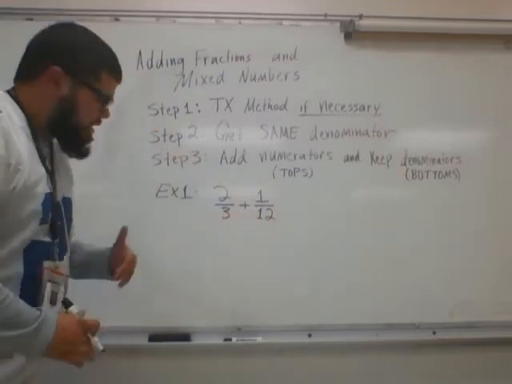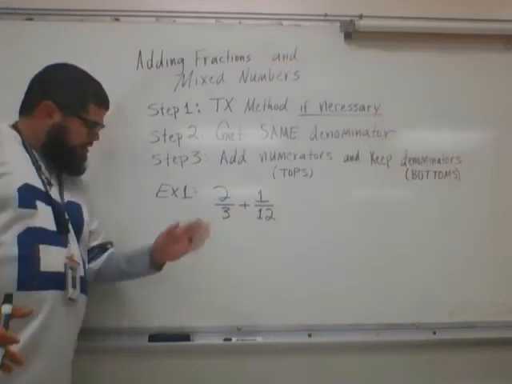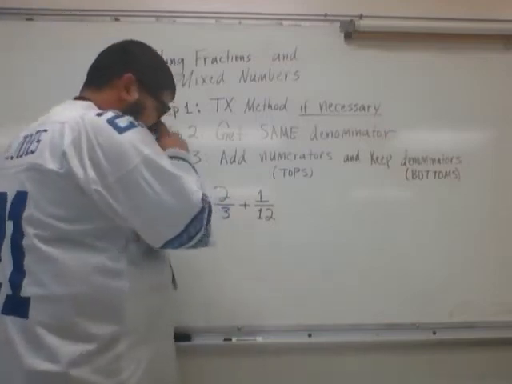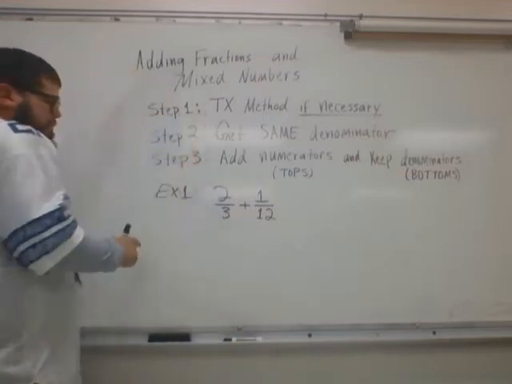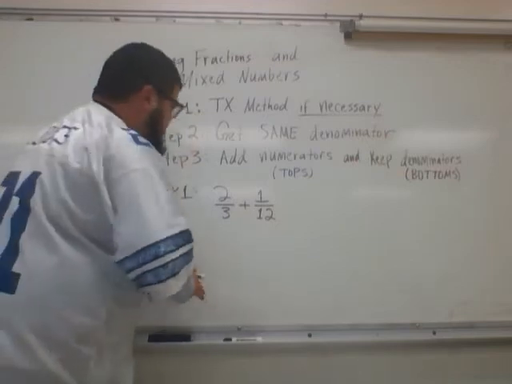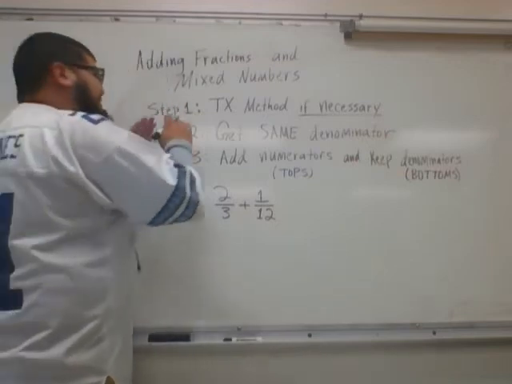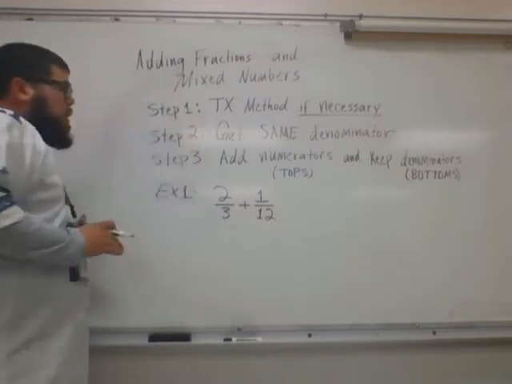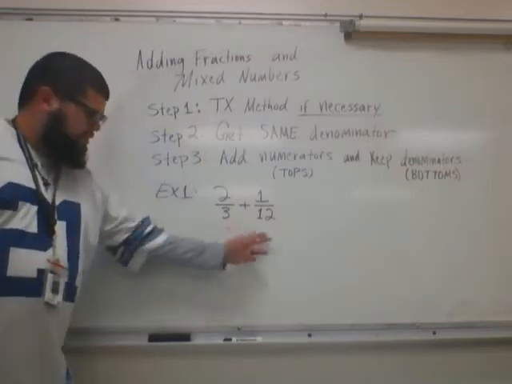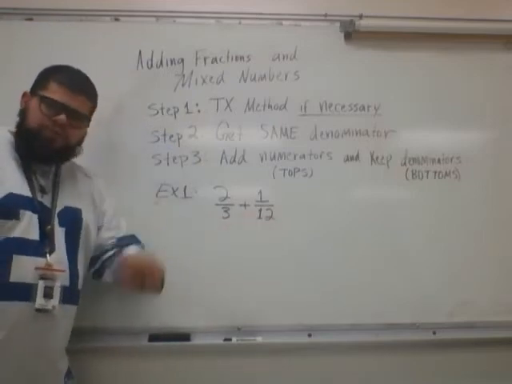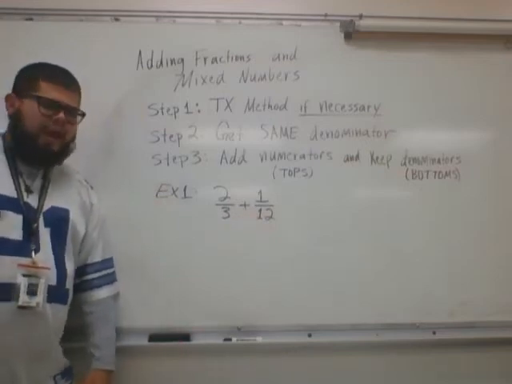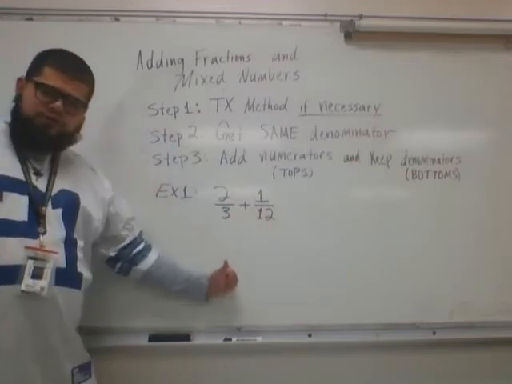Remember, mixed numbers have a combination of whole numbers and fractions. Here, we just got fractions. So, step 1, Texas method if necessary. It's not necessary. We don't have to do the Texas method. Step 2, get same denominators. Remember, that was the question at the beginning. What do we have to have in order to add these? Well, we have to have the same denominator, and we do not. So we got to get them somehow, and that's what we got to do first, okay?